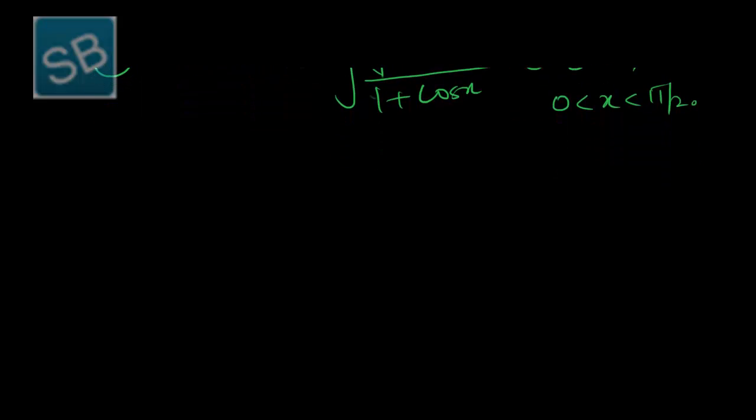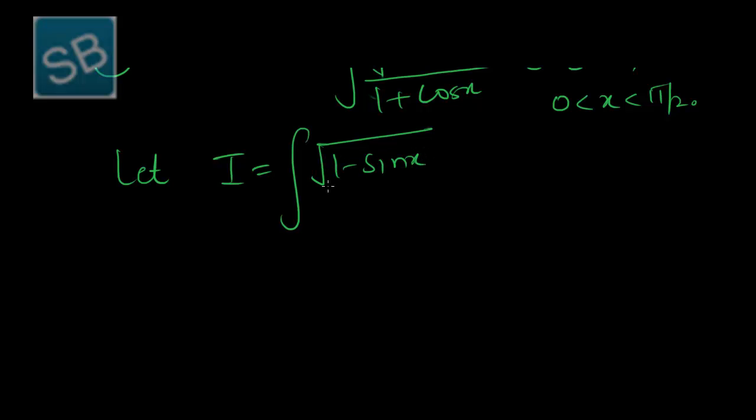So here let I be equal to the integral of under root of (1 minus sin x) over (1 plus cos x) into e raised to power minus x by 2 dx.